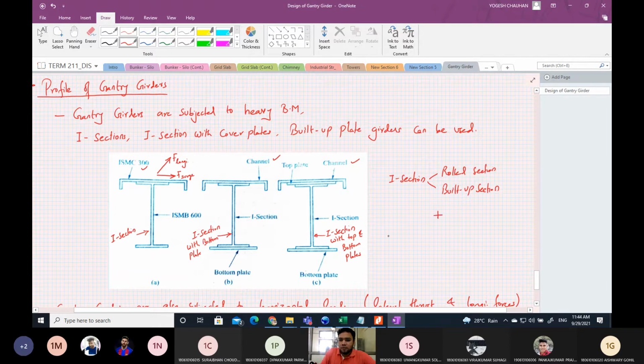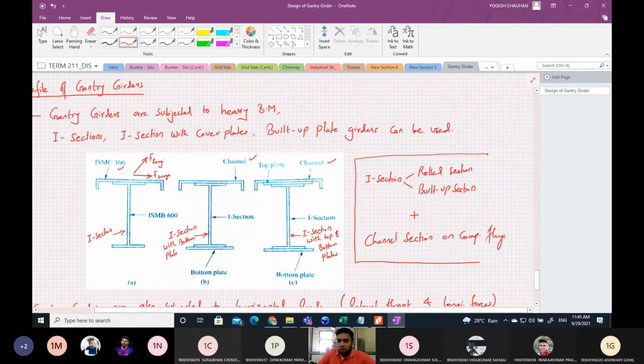And additionally, it is stiffened by channel section on compression flange. So this is the profile of the gantry girder.